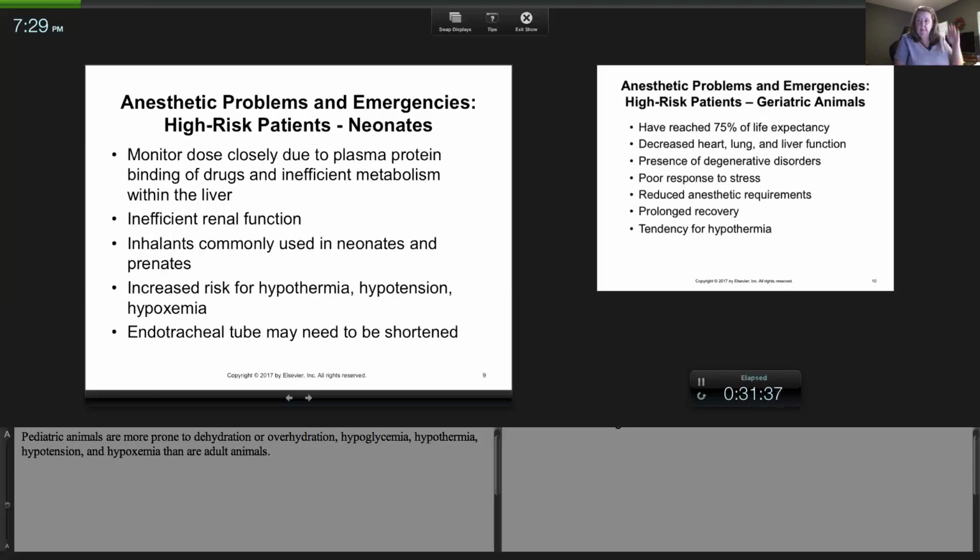Now, once we got this puppy warmed up, then the heart rate started to come up and the blood pressure came up. So my big thing in neonates: watching their glucose, keeping them warm, watching their heart rate and blood pressure, and using lower doses because you can always give more.